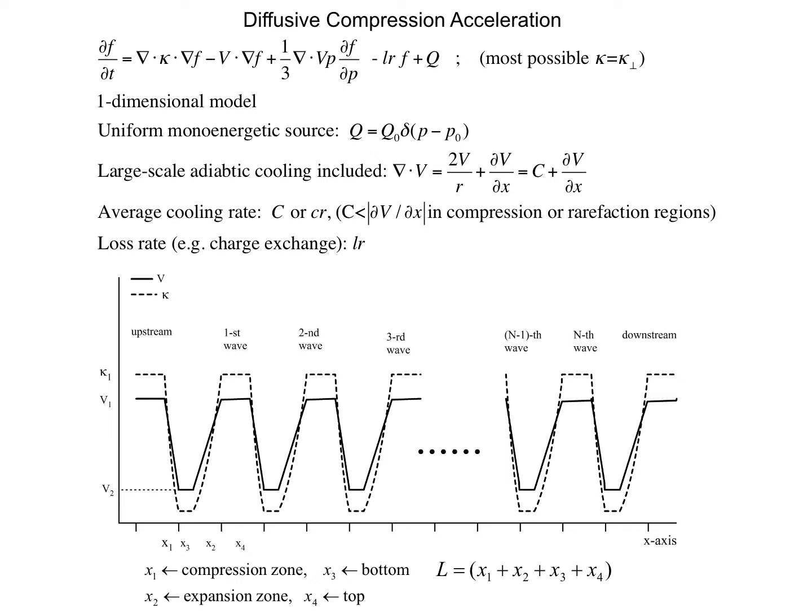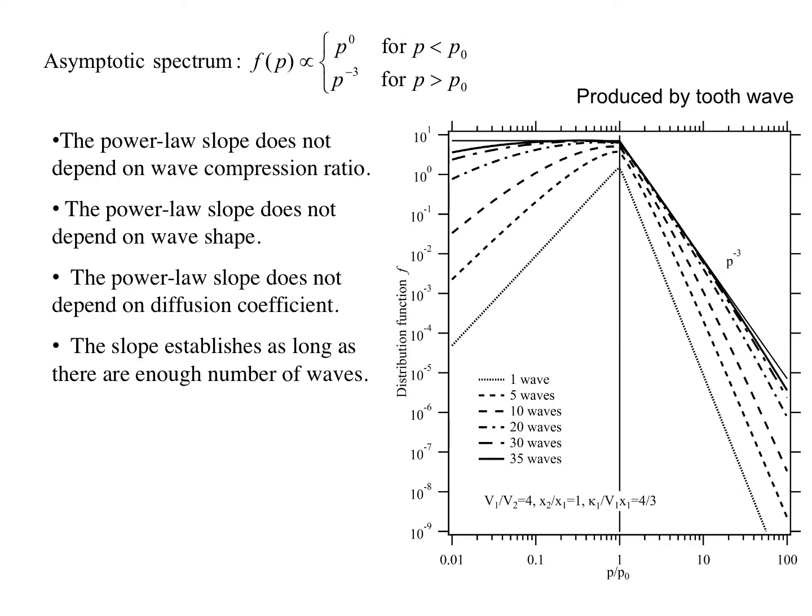Here is a simulation. With this, we can describe a compressible plasma wave, with repeated compression and rarefaction. Eventually, the velocity turns back to normal. With this model, we can compute the spectra of those particles.